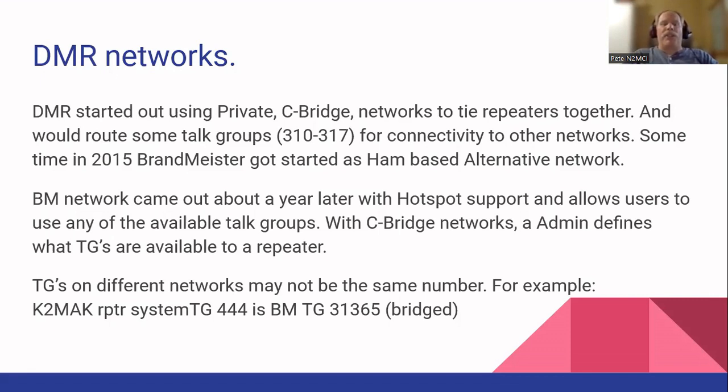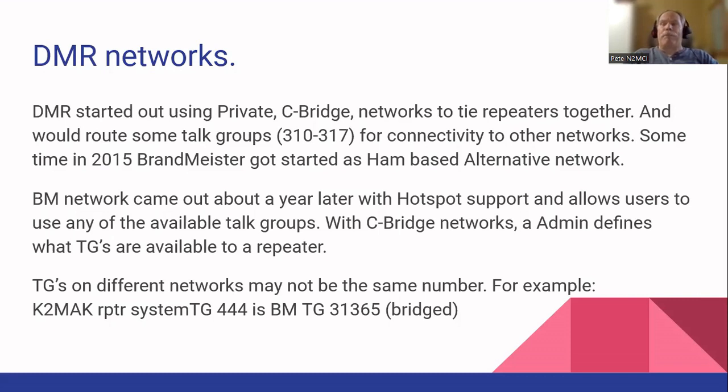The other thing you got to realize is that talk groups on one network can be different on another network. For example, the K2MCI C bridge system, their talk group 444 they call the Metro channel, and that's on Brandmeister. It's bridged over to 31365, and there's other things like that too.